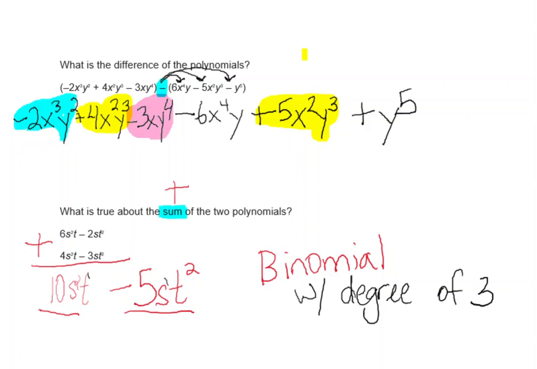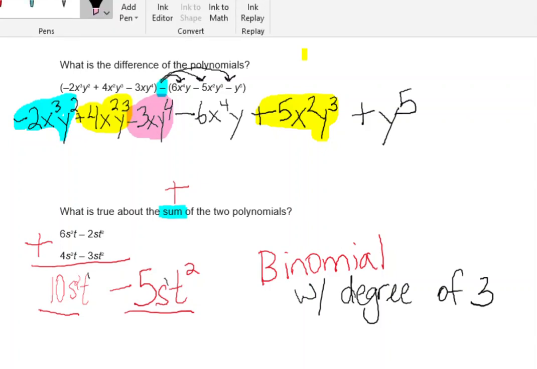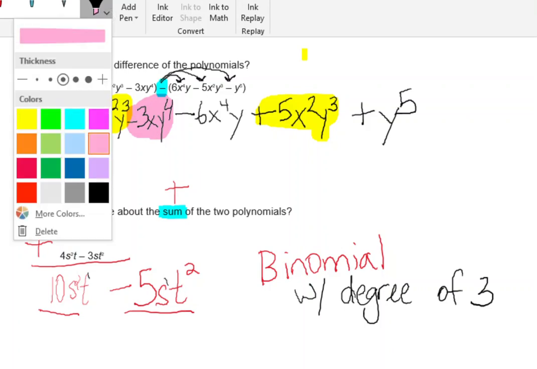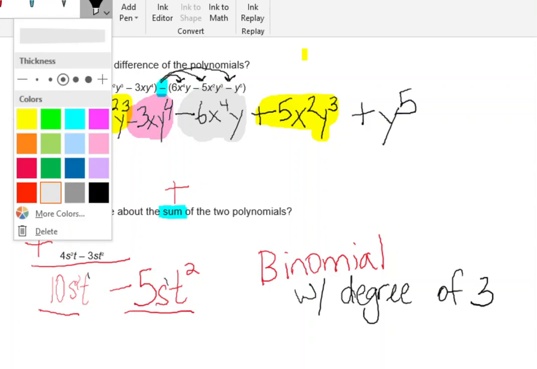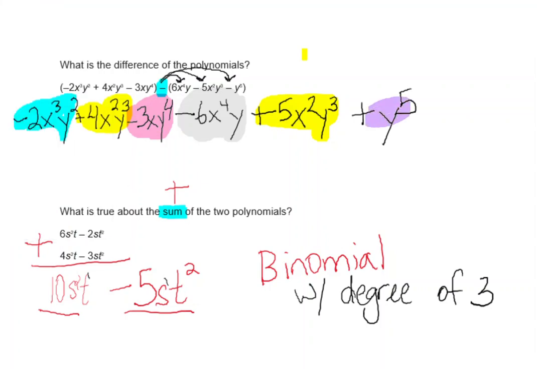No. Now let's look and see if we have any terms like -6x to the fourth y. There aren't any other ones that have x to the fourth with y. Then we have this last term here, which is positive y to the fifth, and there aren't any other terms that are positive y to the fifth.